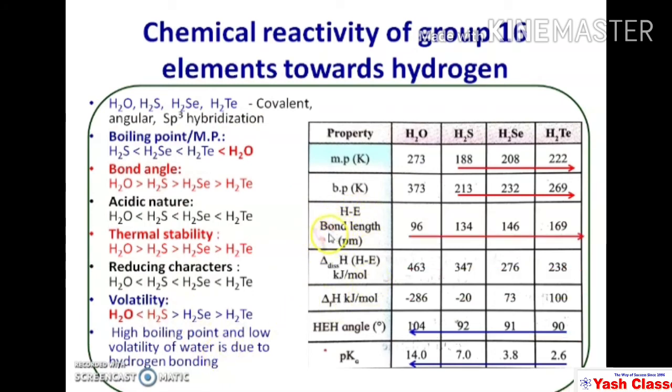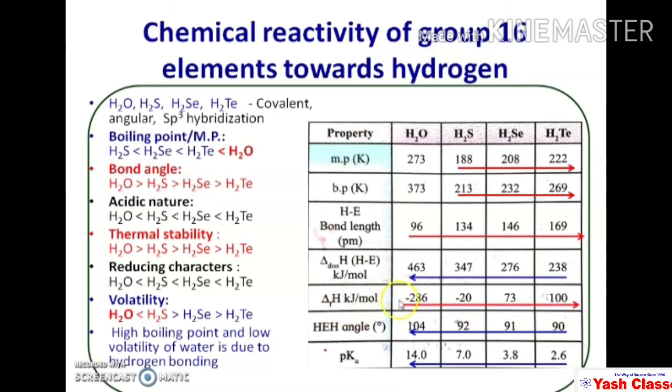Additionally, bond length increases from water to hydrogen telluride. Then bond dissociation energy decreases from water to hydrogen telluride. So water has higher bond dissociation energy, whereas hydrogen telluride has the least bond dissociation energy.